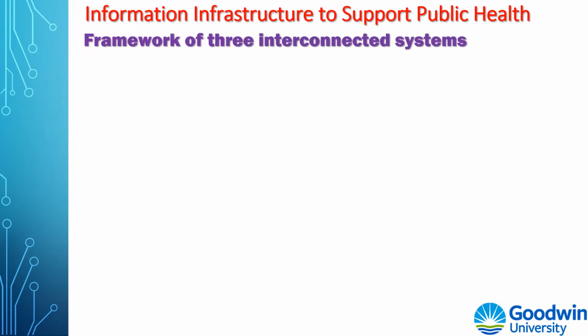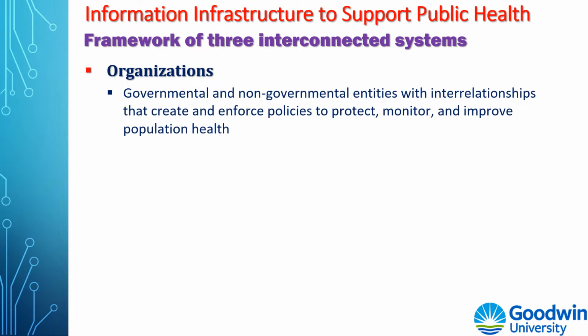All right. So let's look at information infrastructure again, the framework of 3 interconnected systems. A capable, prepared public health infrastructure consists of a skilled public health workforce, a robust ICT, and an effective organization.